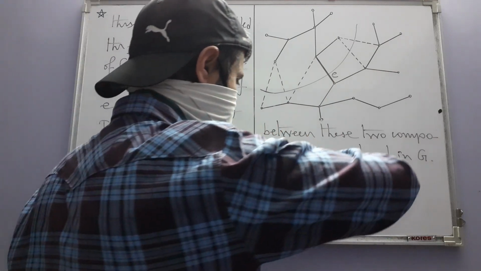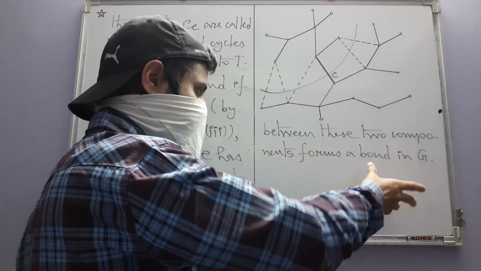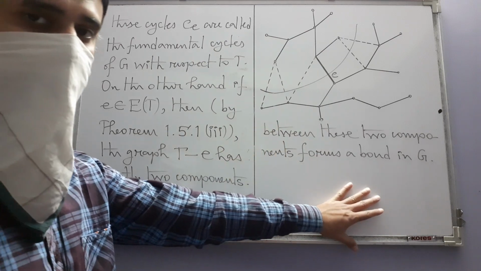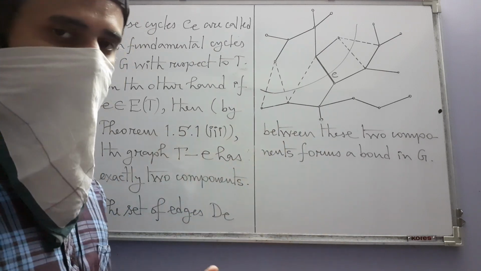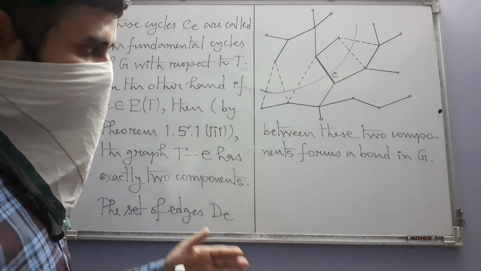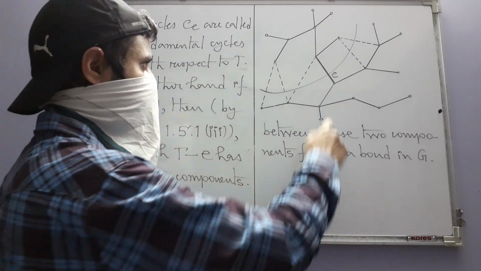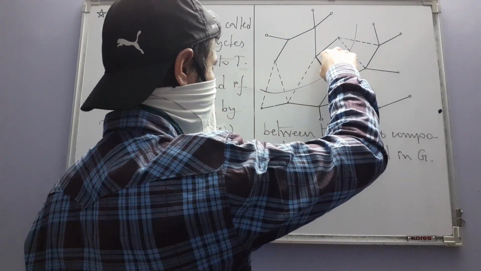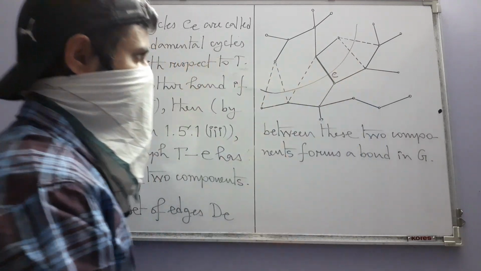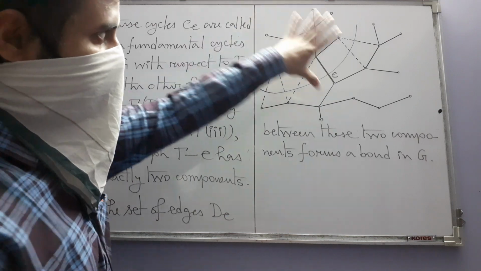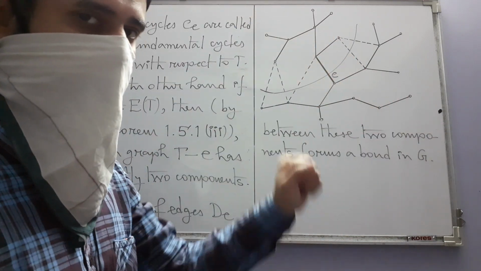If both are connected, then the resulting cut is minimal, it's a bond, and conversely also it's true. So here you can see that if you simply remove the edge E, you get subtrees which are connected.